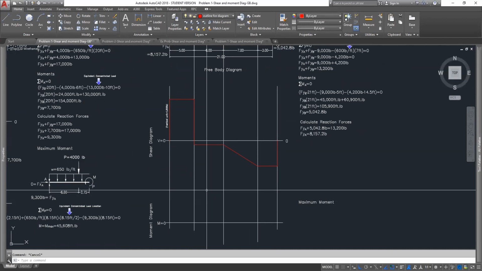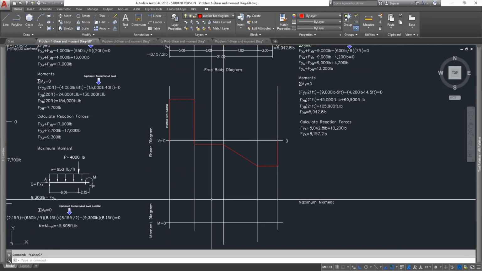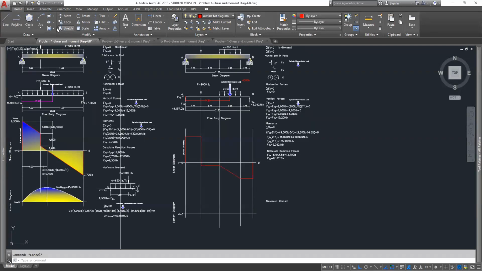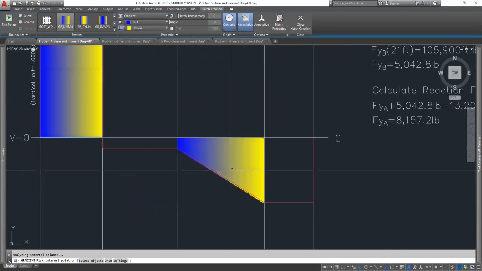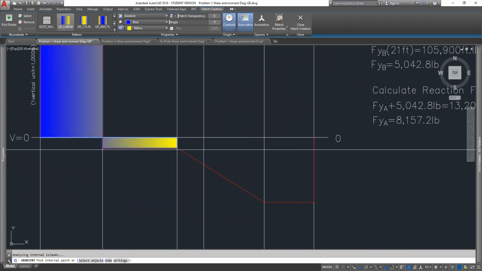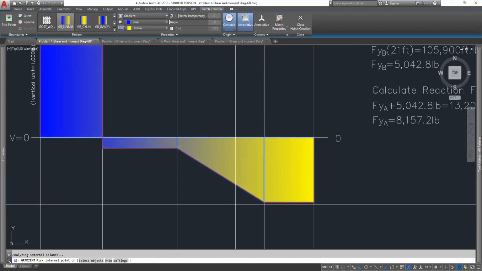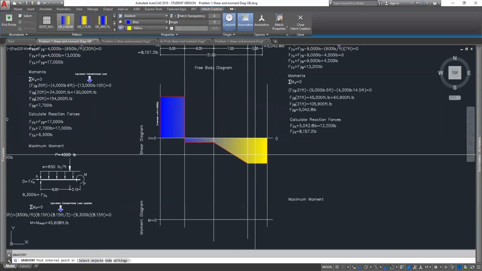All right, does that make sense? Yes. All right, now I just got fancy and wanted to add a gradient to show my shear.